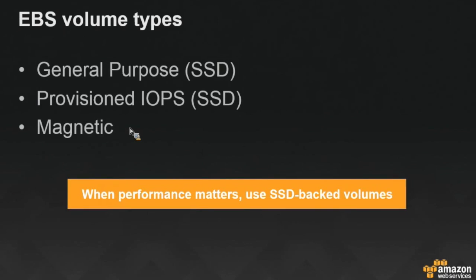When performance matters, use SSD-backed volumes. You're going to see throughout the webinar, we have little highlights that we really want to be takeaways for you. If you're thinking about things that you really want to remember from the webinar, they're going to be highlighted like this. Again, if performance matters within your architecture, you should be using one of the SSD-backed volume types.